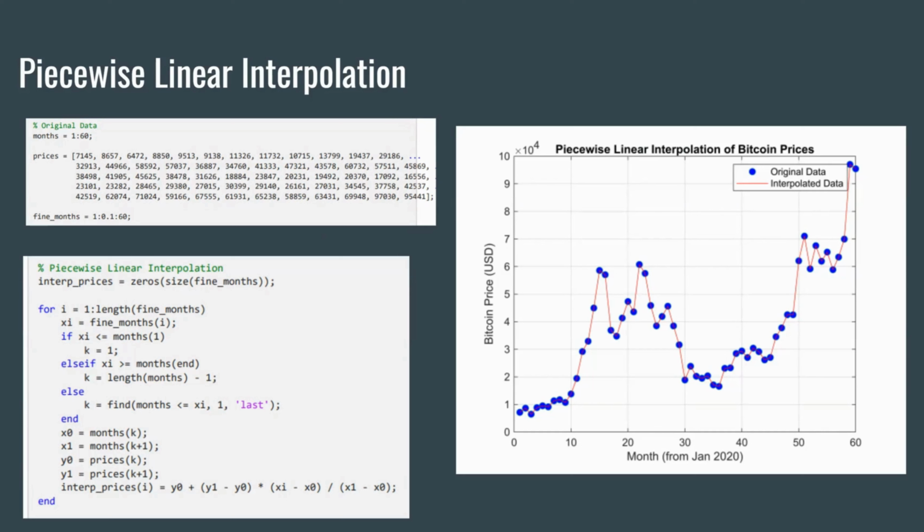The bottom left is the function for the piecewise linear interpolation. And on the right, you can see a graph with the blue dots being the original data and the red lines being the interpolated data.